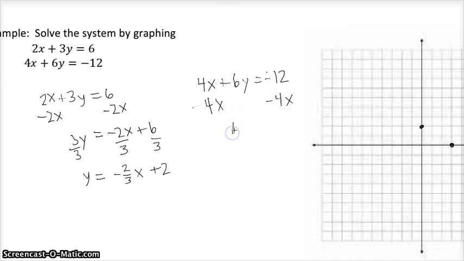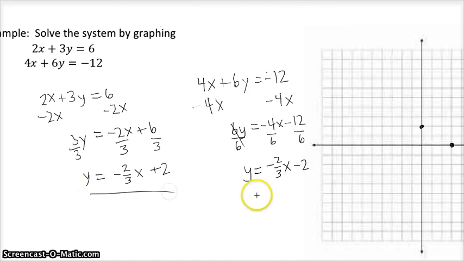So I have 6y equals negative 4x minus 12. I'm going to divide by 6. And I get y equals, I'm going to reduce that to negative 2/3 x minus 2.